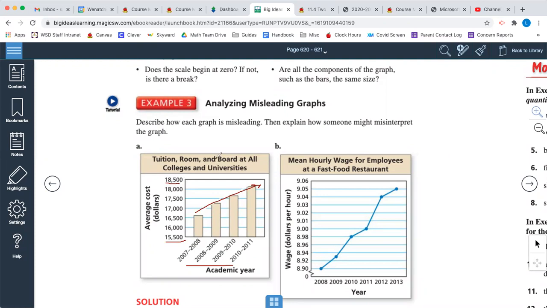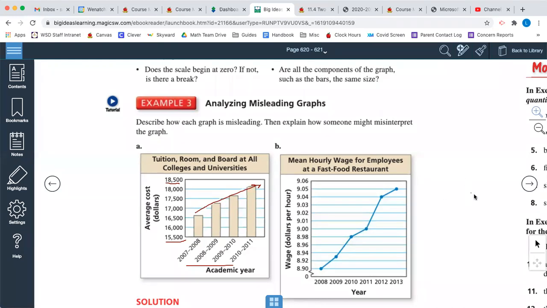So potentially what you could experience from looking at this graph is that you may have the false impression that the cost of tuition, room, and board at colleges and universities has on average doubled since 2007 through 2008. When in reality, what has happened is it's gone from roughly $16,500 to $18,500, or to about $18,000, which is only an increase of $1,500.